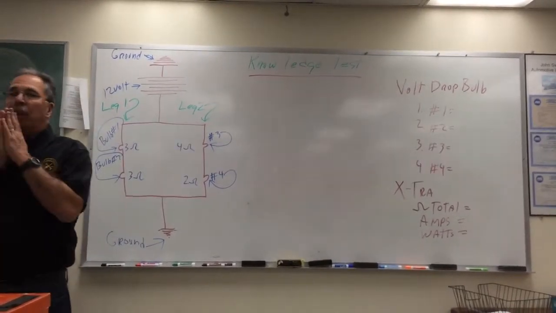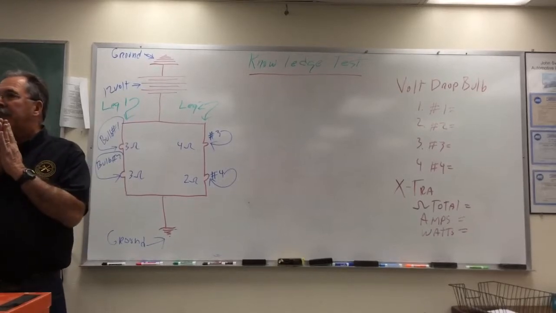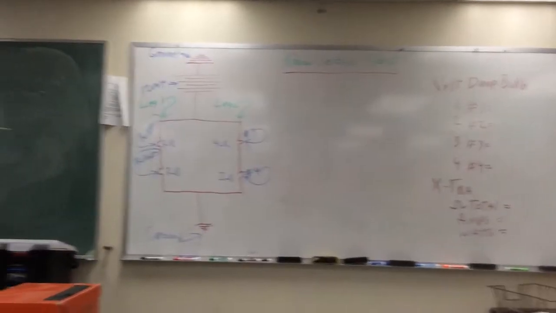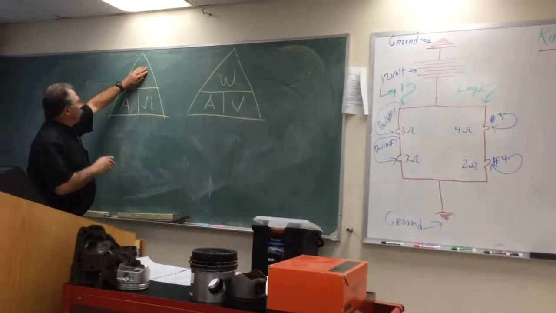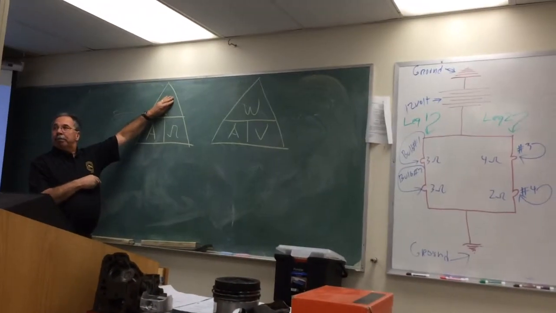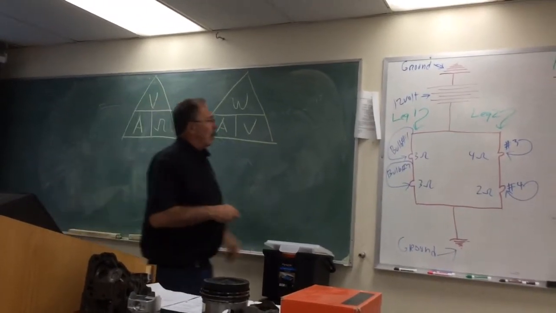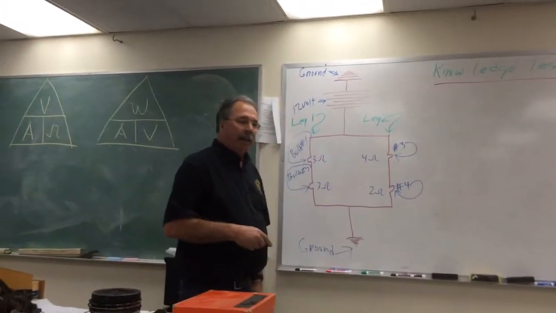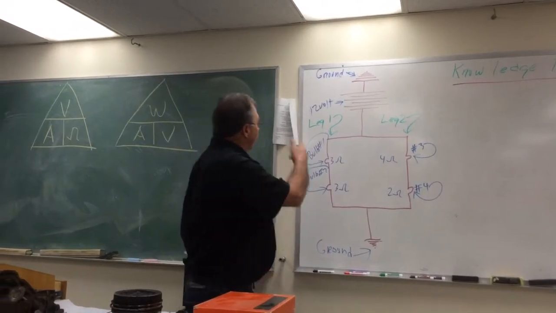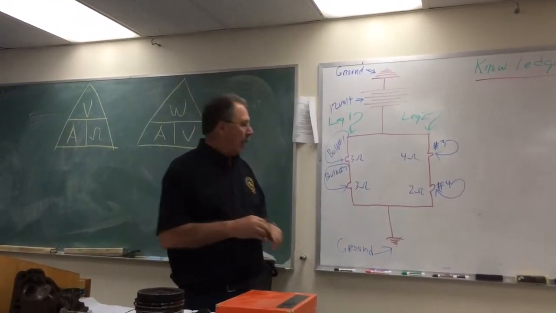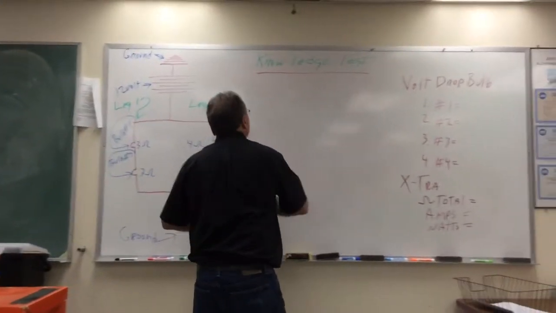So we want to find the voltage drop on both of those bulbs. So let's go over to our Ohm's law circle. So what do we need to know? Amperage and ohms. Well, we already know our ohms, right? So now, we do leg 1 first. We want to figure out how many amps are flowing through leg 1.